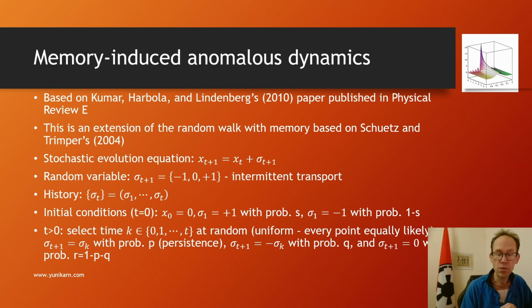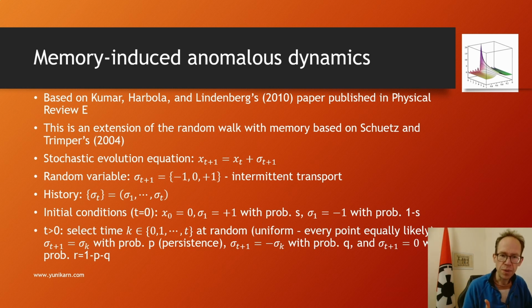And there is a probability r, which is equal to 1 minus p minus q, where the position remains unchanged. So that's the innovation. And the interesting aspect is just by adding this third option, you get a very rich possibility in terms of phenomena that can be captured using this model.